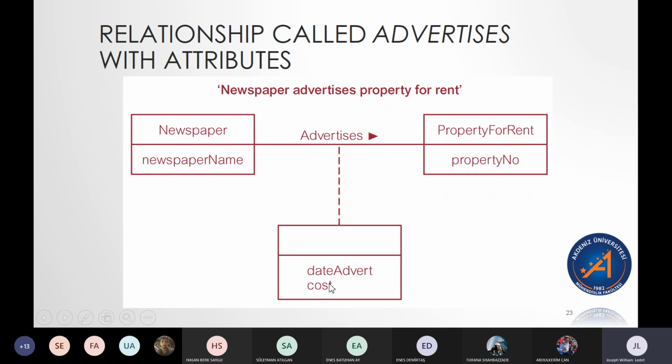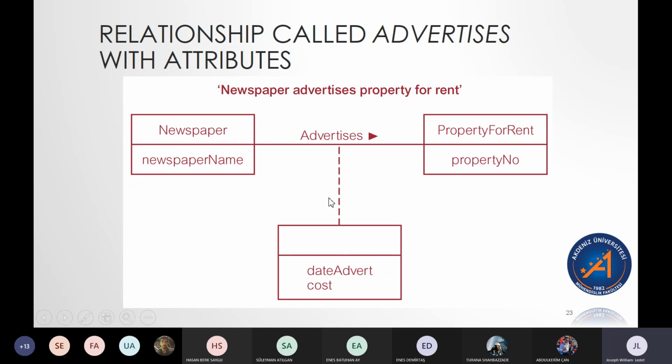How much did the newspaper charge us for that advertisement? We might want to keep that information just in case we might consider using different newspapers later. We might want to keep track of which newspapers cost more than others, or even keep track in some other way which newspapers had more impact on getting our properties viewed and stuff like that, right?